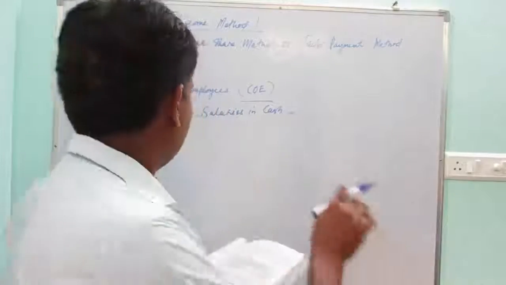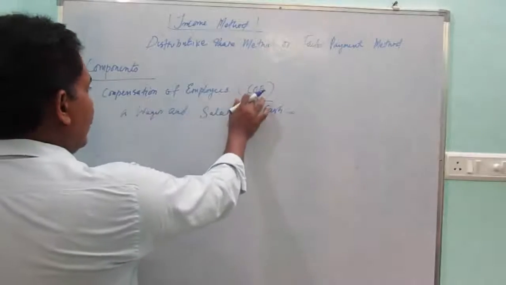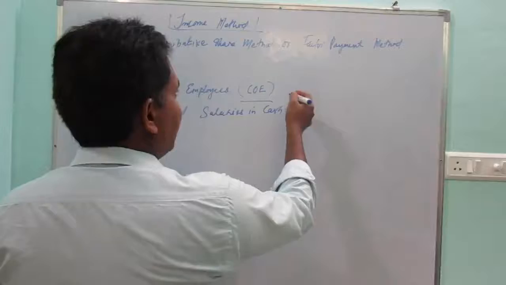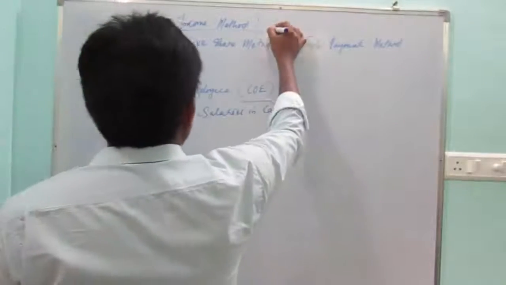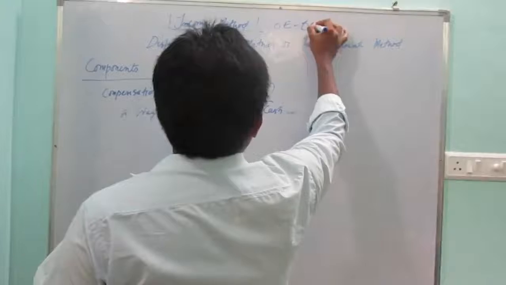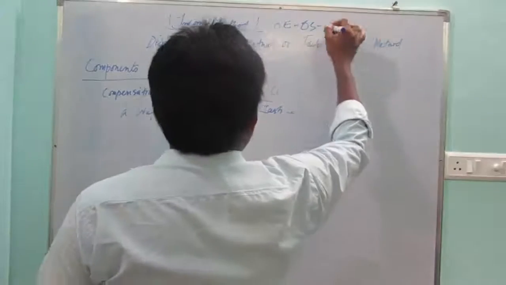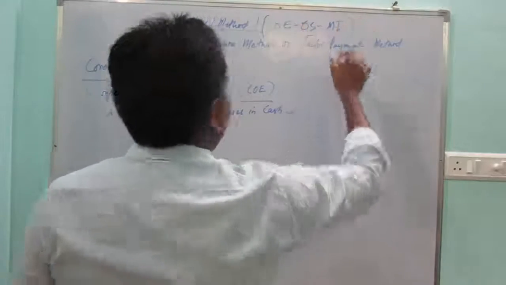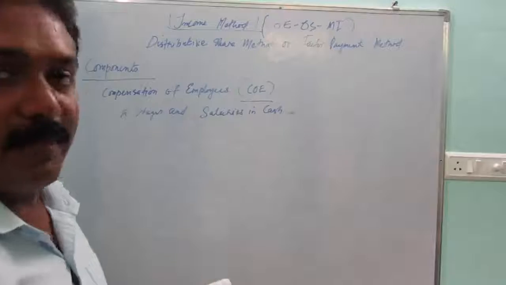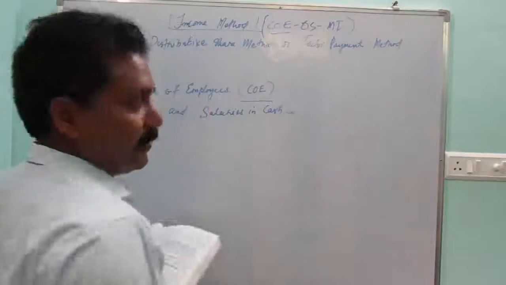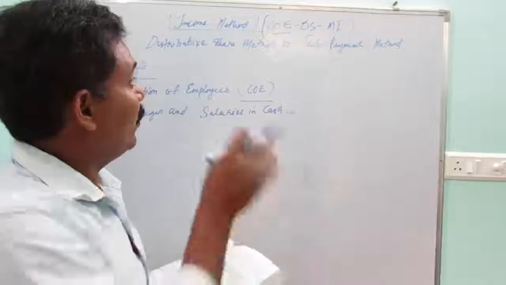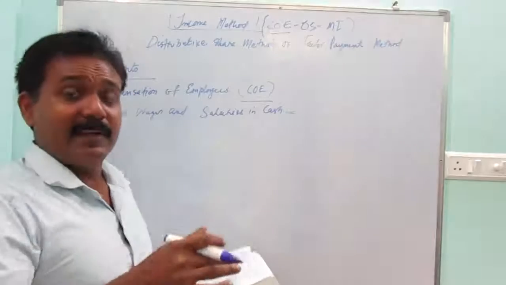So the elements, the parts of compensation, COE, OS, MI, that is the formula of the income method. This much only is the formula. And the first part, COE, is what we are learning. Understood? Why I told you in advance is so that you will give much attention.